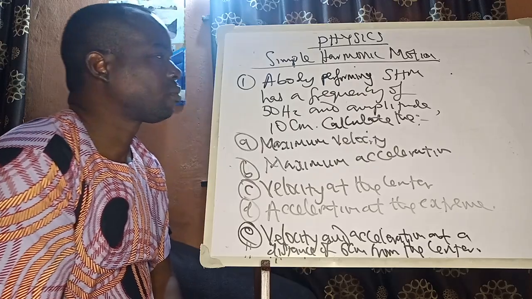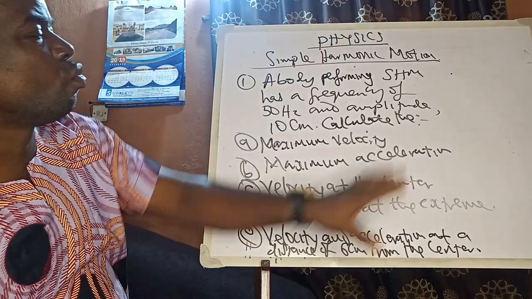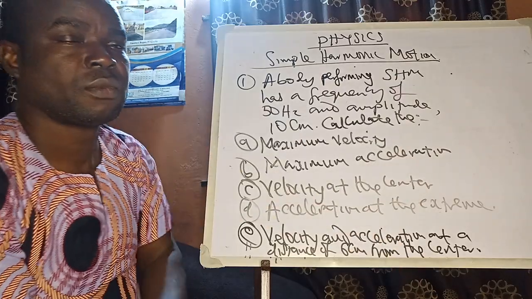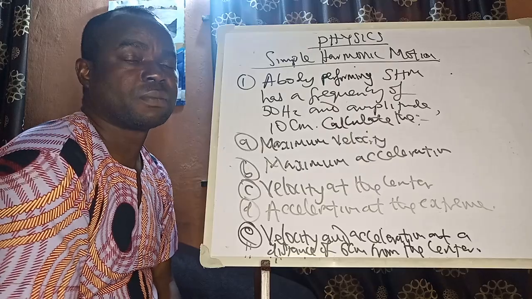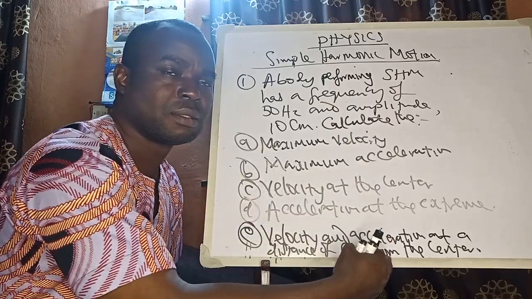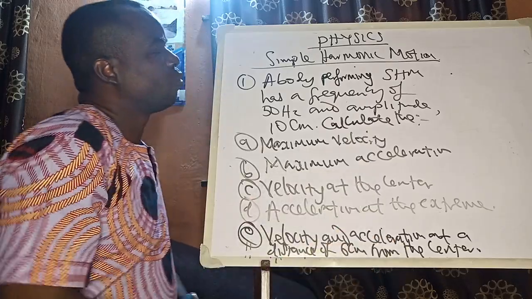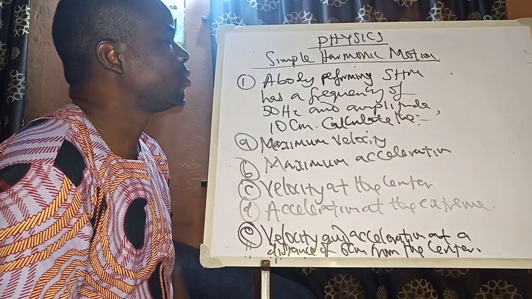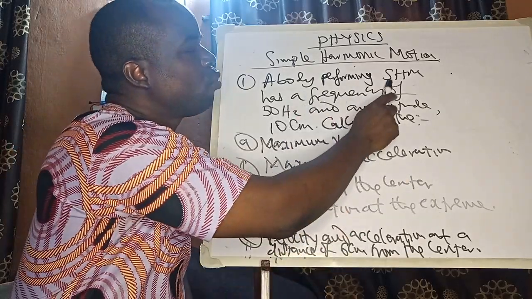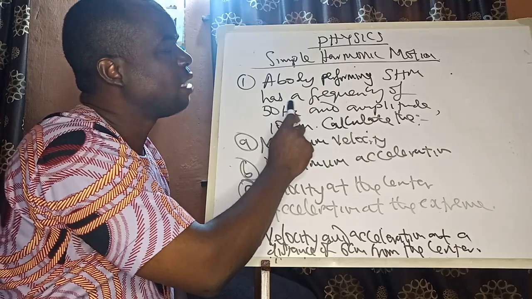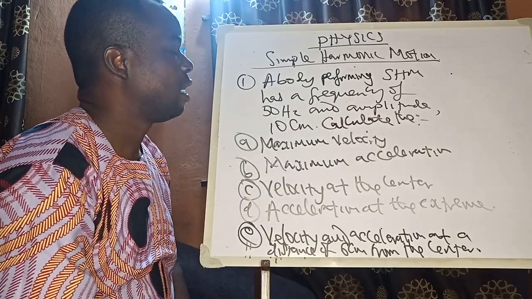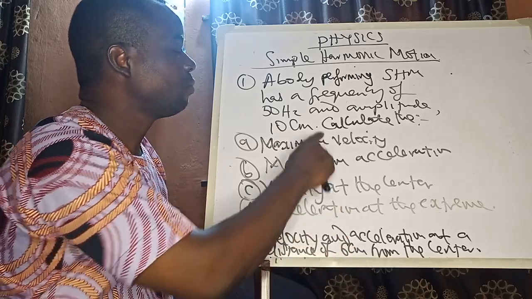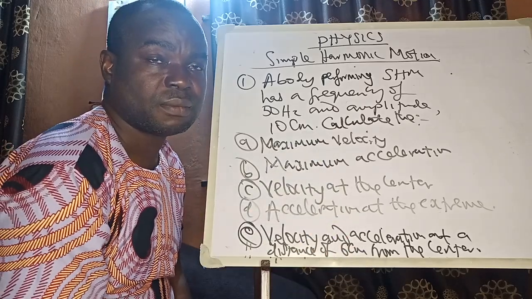Now, welcome. We want to look at this question. Remember, in the previous video, we solved a question on the topic. So we are advancing in the topic now. Now, look at this question. It says, a body performing simple harmonic motion has a frequency of 50 Hz and an amplitude of 10 centimeters.